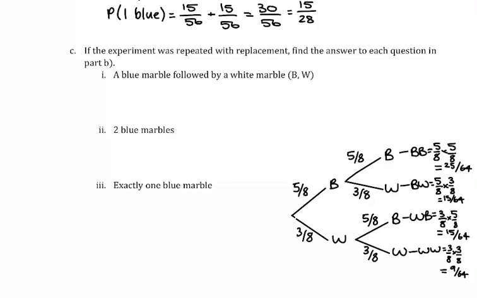So that is what our tree diagram looked like with replacement. I know it's something else you have to add on your page, but it really will save you time answering these questions, and it doesn't take up much of your time. So now we have a blue marble followed by a white marble.